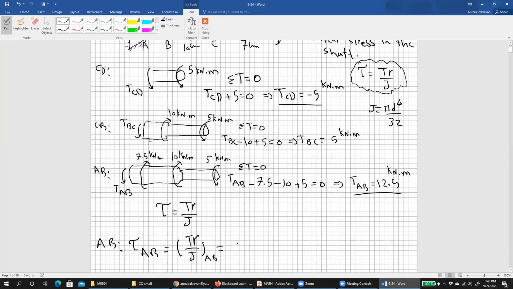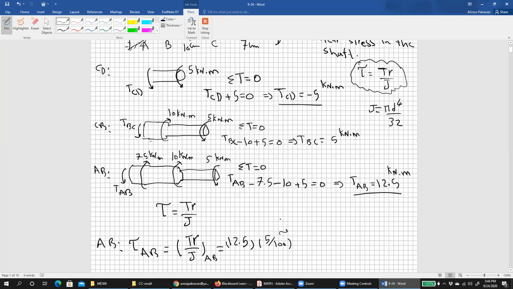TAB is 12.5, right? What is R AB? It's 5, and I divided 5 by 100 because T is in kilonewton meters, but R is in centimeters.